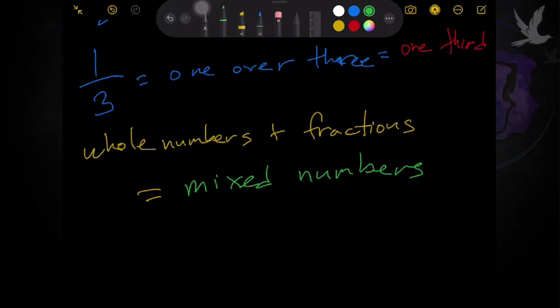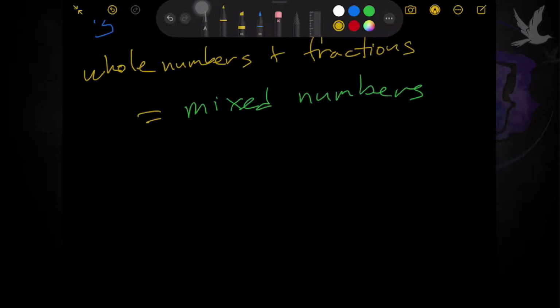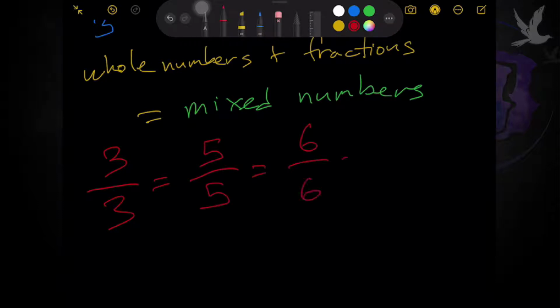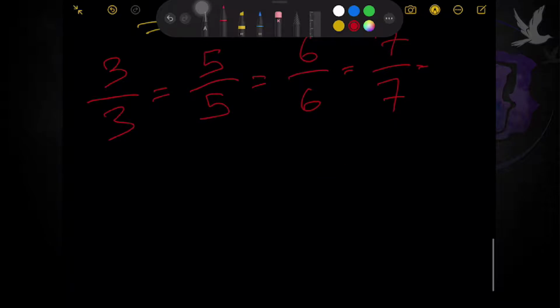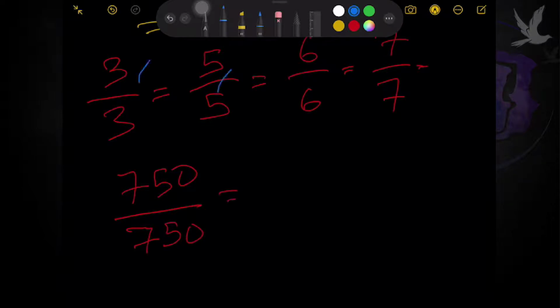Okay. In fractions, by the way, if your numerator and denominator are the same, no matter what the value is, even if it's 750, as long as they are the same, all of these, 1, 2, 3, 4, 5, is equivalent to 1.